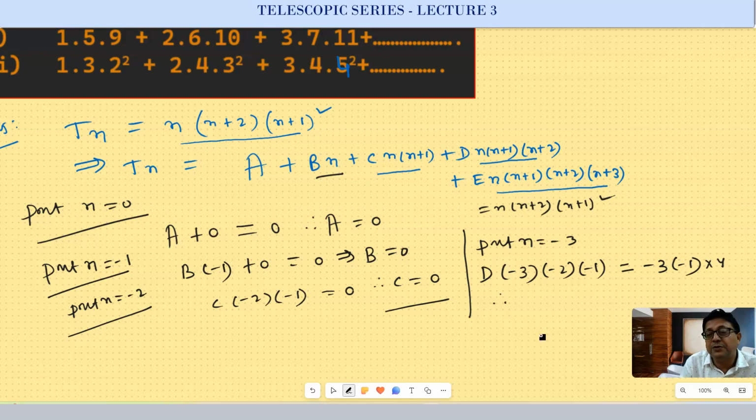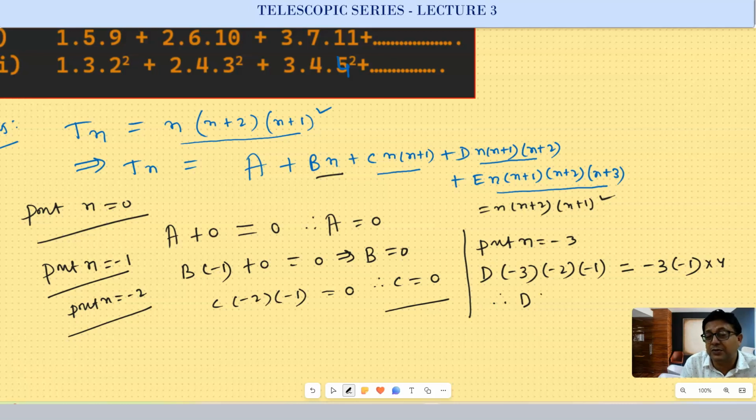Therefore, this part is what? D into minus 6. So n equal to minus 3 over there, so it will be minus 3, minus 3, minus 1 and minus 3 plus 1 whole square.